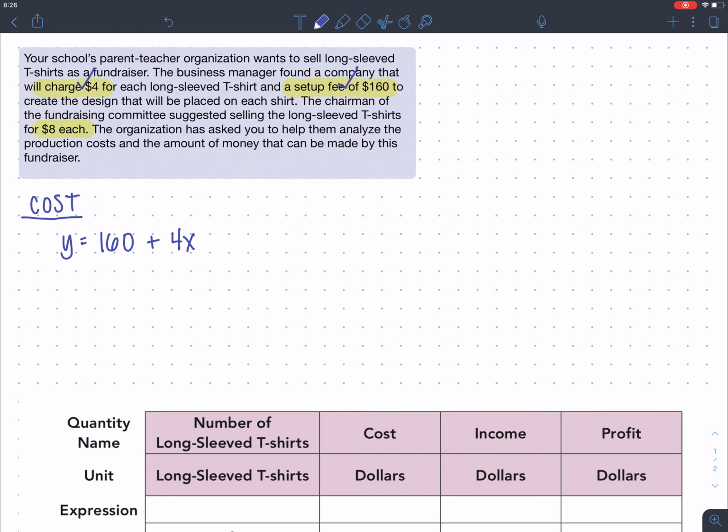Then this is going to be our income equation, our second equation. This equation is going to represent how much money we get. So y is the total money we get, and it's going to be $8 times x. And x represents the number of shirts we sell.